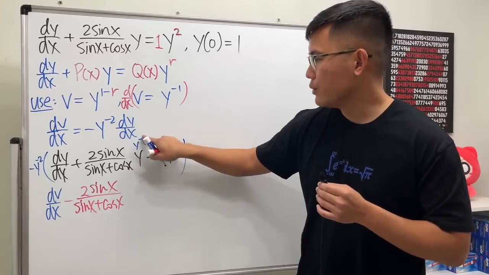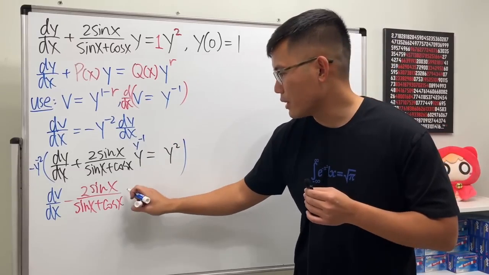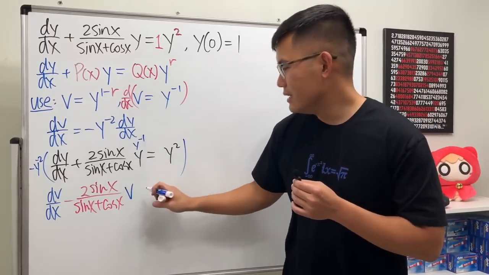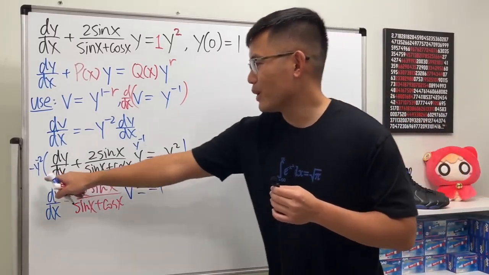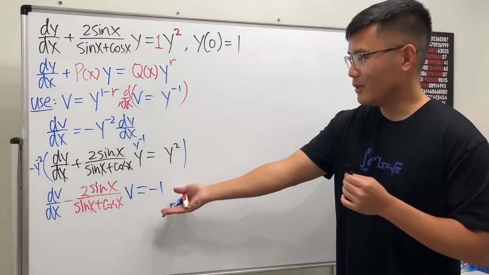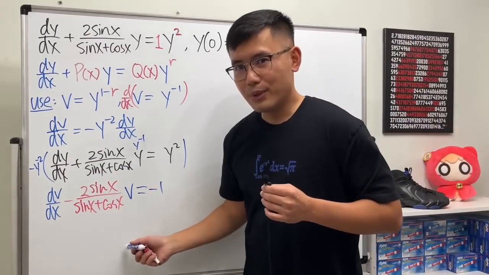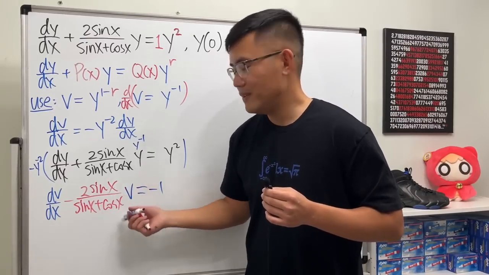But of course, if you look back, y to the negative 1 is v, so we can put that down right here. And lastly, this is equal to negative 1, because y to the negative 2 times that is just negative 1. Ladies and gentlemen, have a look. A differential equation that's linear first order in the xv world.